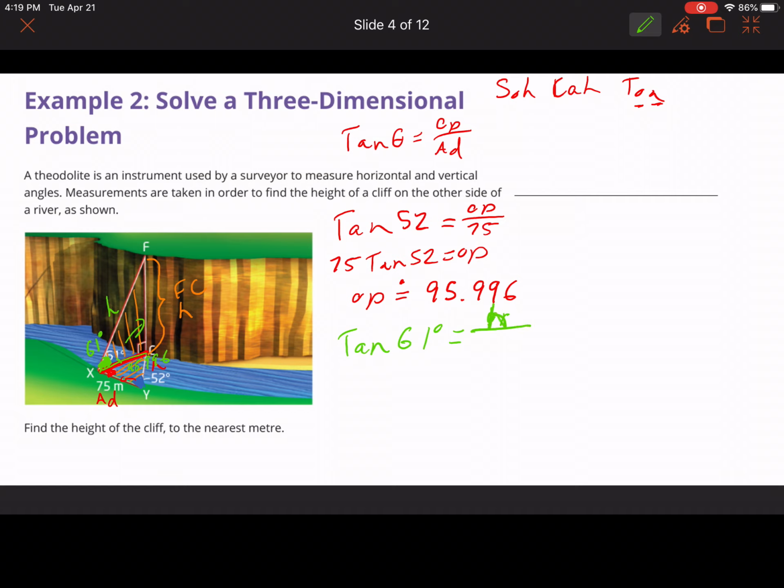We're trying to find our height, divided by our adjacent side, which is the one we just found. Again, rearranging it in the same direction. It's a shame they didn't use more variety in their answers. Equals H, which means H.